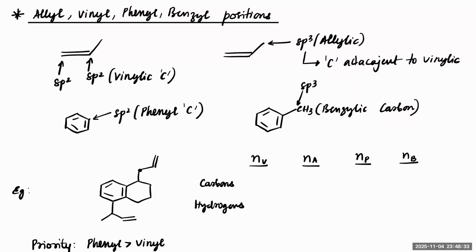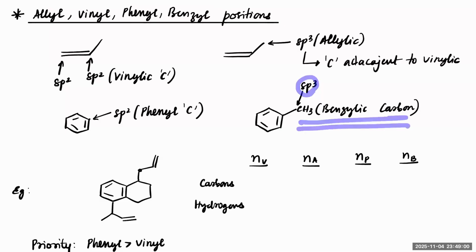So the carbon adjacent to vinylic makes it allylic. Next, every carbon on benzene is sp2 hybridized here. Everything which is sp2 hybridized here is called a phenylic carbon. These are all phenylic carbons. Now here all six are phenylic carbons, and one carbon present on top of it, which is sp3 hybridized, is the benzylic carbon.